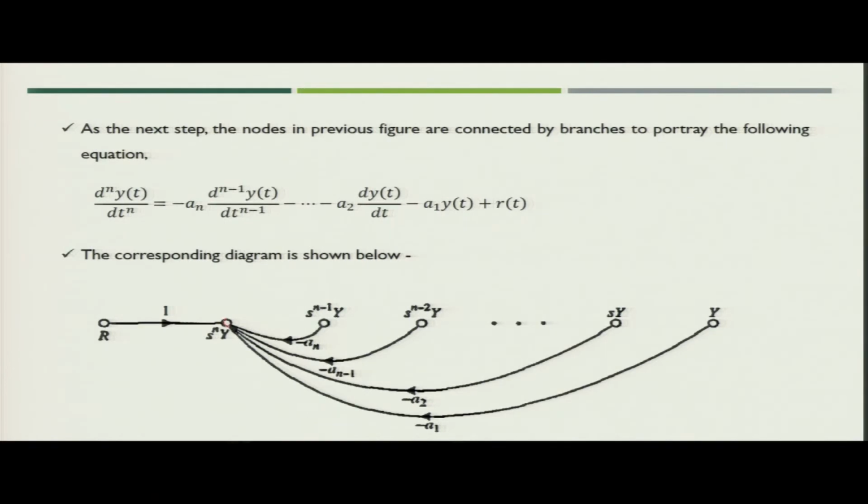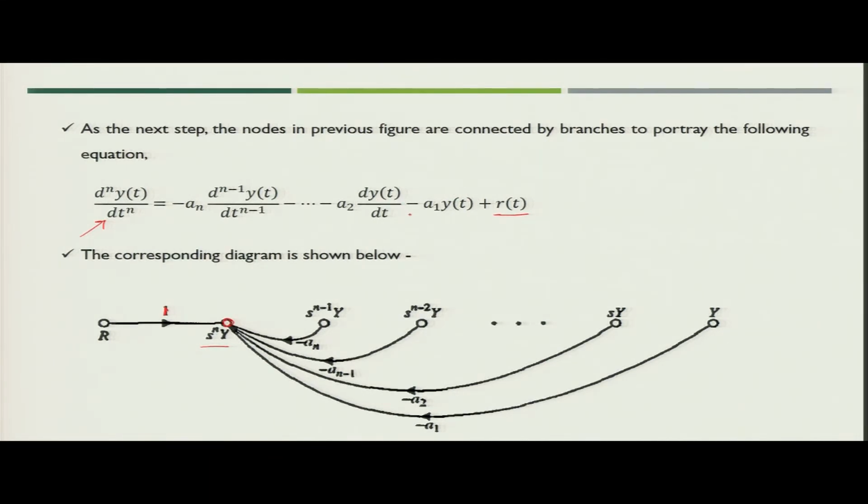If you see this particular node, that is s to the power n Y, which represents this particular component, d^n y by dt^n, that means this will be the summation of all other components. r(t) does not have any coefficient there, so you will connect R with s to the power n Y with only unit gain.